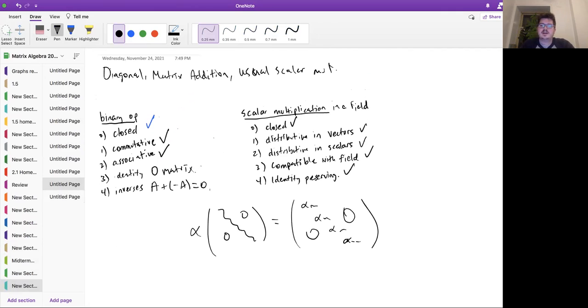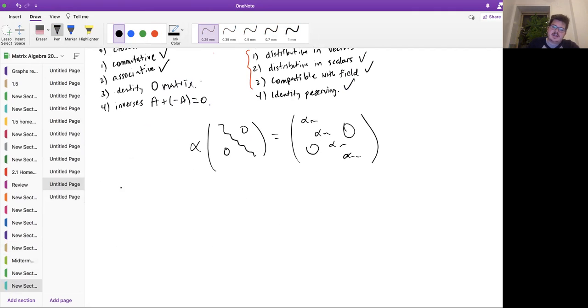All right. Distributive in vectors means that I can distribute over the vector binary operator. Distributive in scalars means that I can distribute over the field operator.